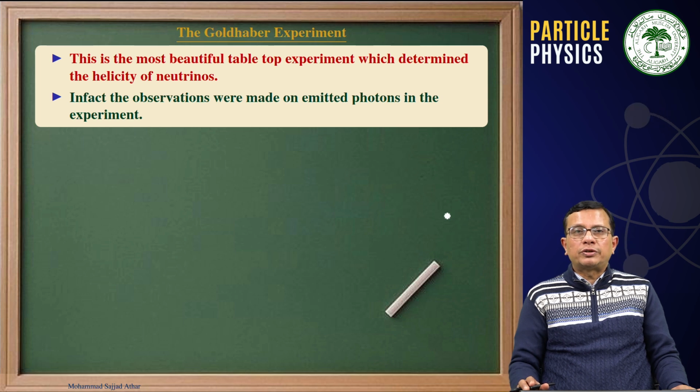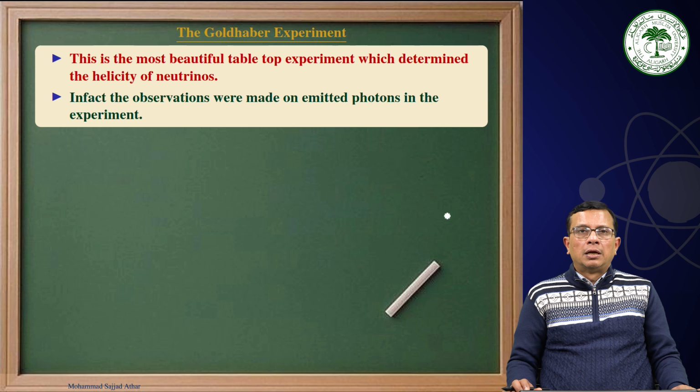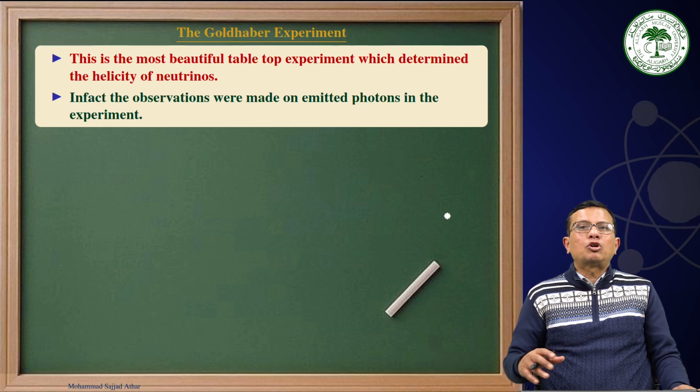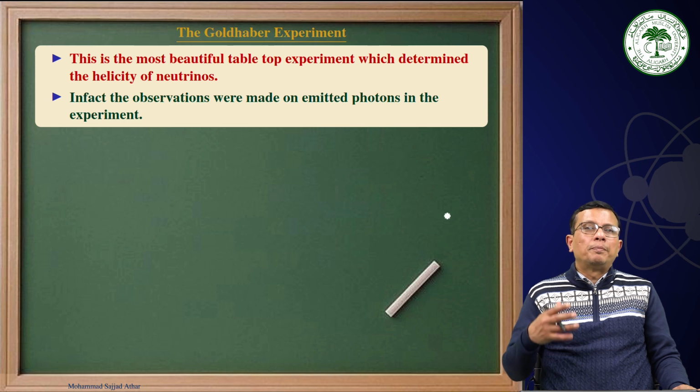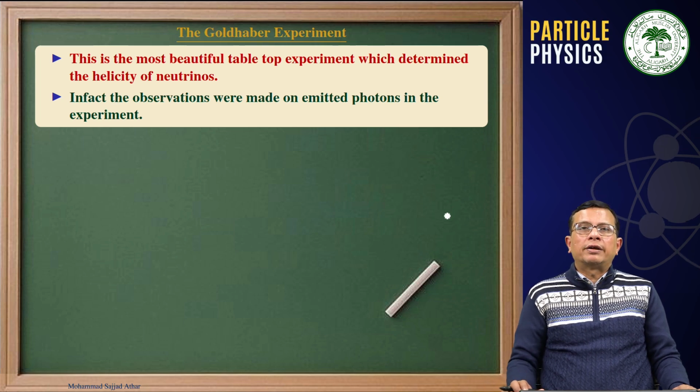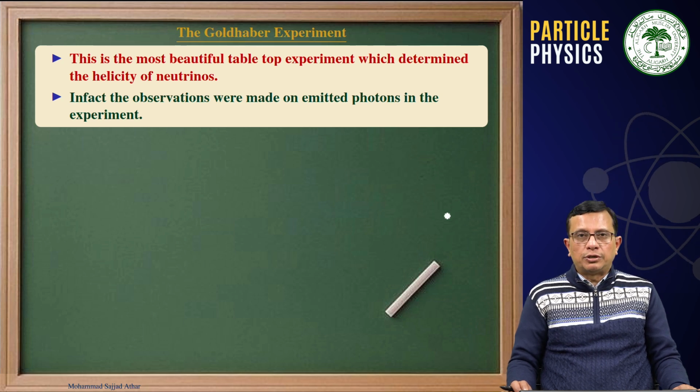Now I am going to tell you about a very beautiful tabletop experiment, and much thought has gone into it before performing it. This is the famous Goldhaber experiment to determine the helicity of the neutrino. As you know, neutrinos are weakly interacting particles. Therefore, nobody ever observes a neutrino.